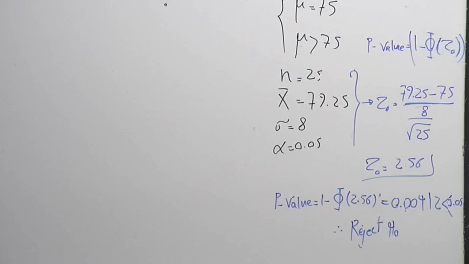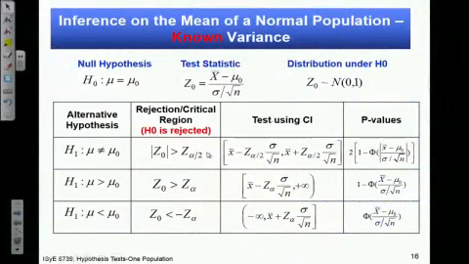Okay. So this is a summary of all three methods for hypothesis testing on the mean of a normal population with known variance. These are three possible alternatives. These are the critical regions. This is testing using confidence interval, and these are the p-values.